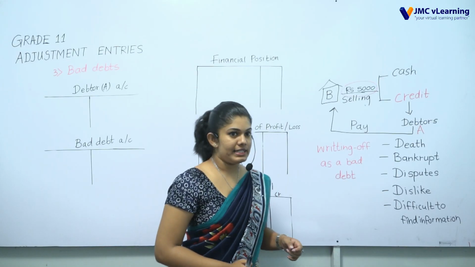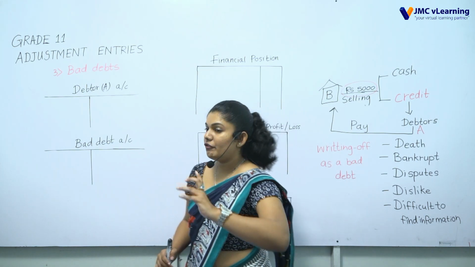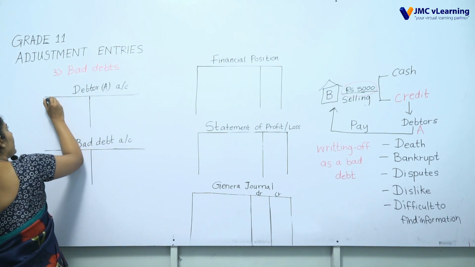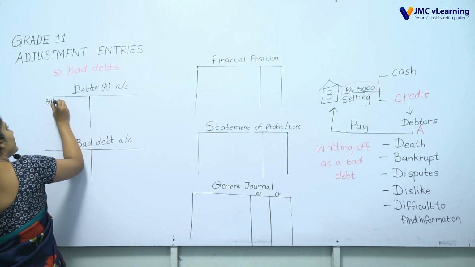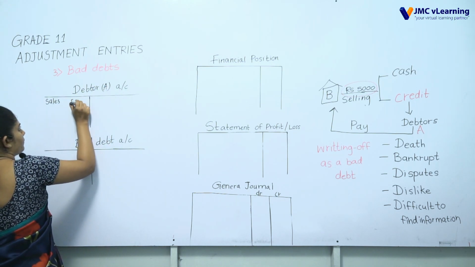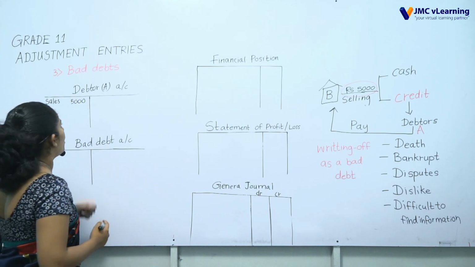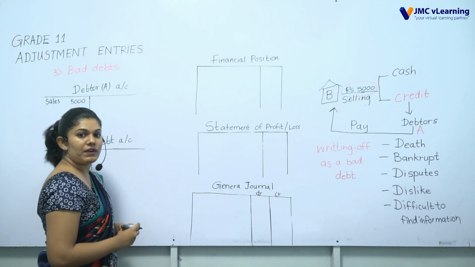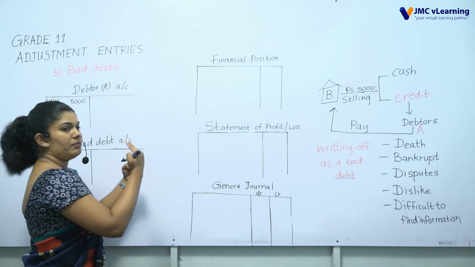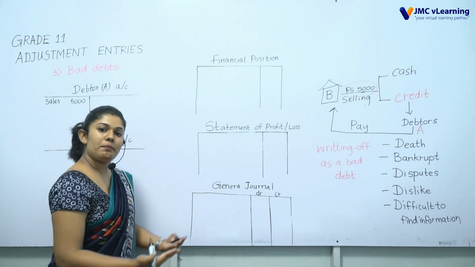Now let's record this transaction. Bad debt 5,000. Before it becomes a bad debt, it is my sales value in debtor A's account. Now I have to remove A from my debtors because he is dead and he can't pay.